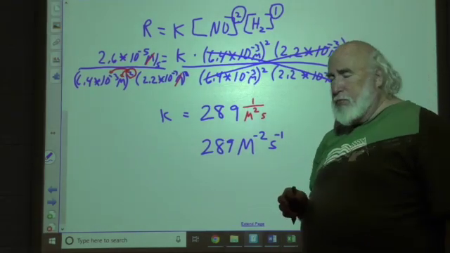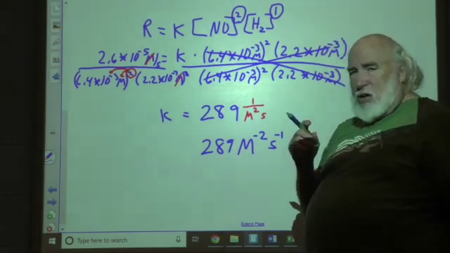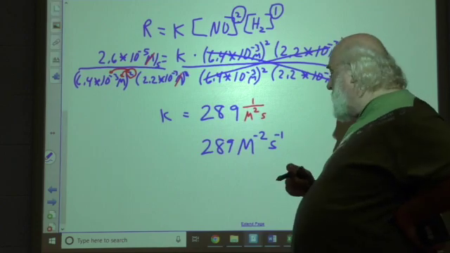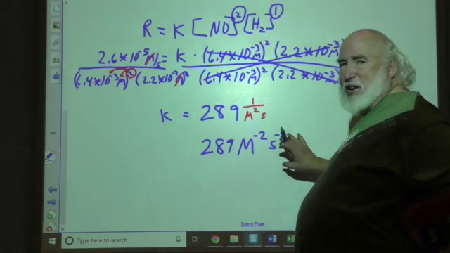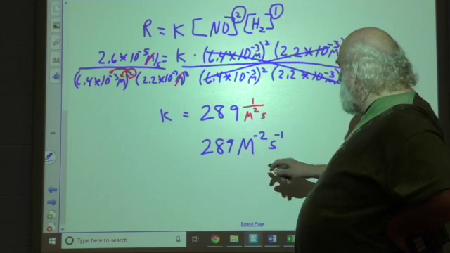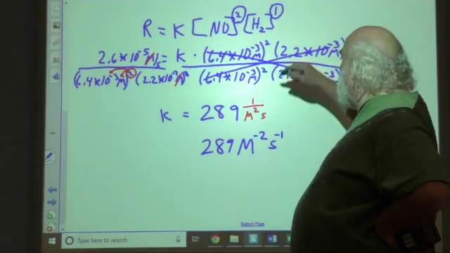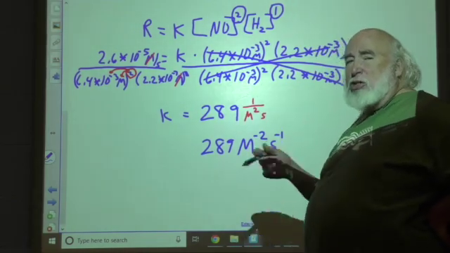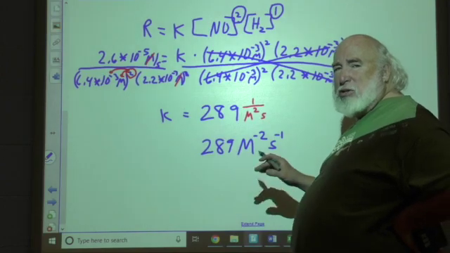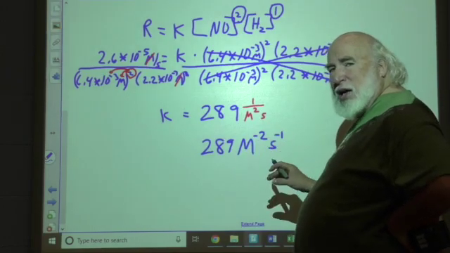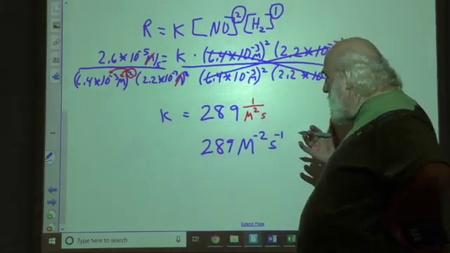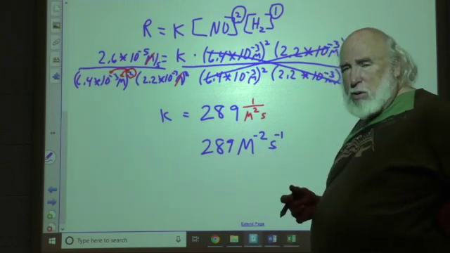Third order. Now, the previous problem that we had was a first order reaction, and all we got was s to the negative 1. In this case, we've got m negative 2, s negative 1, and this is a third order reaction. I want you to notice the sum of the exponents of all of the m and s in this K label.